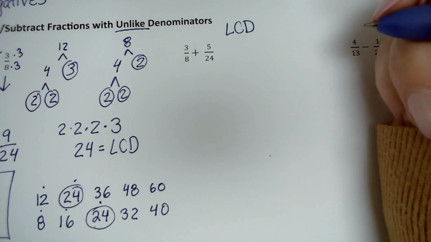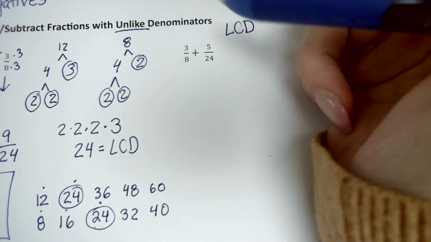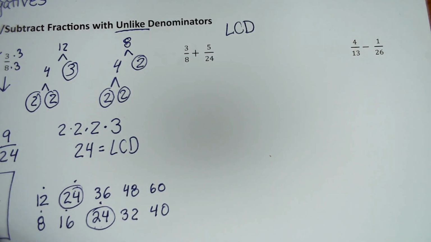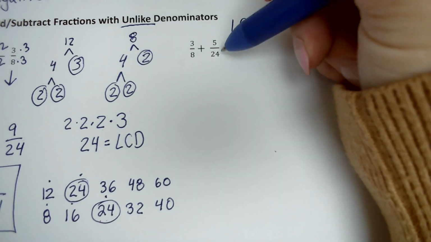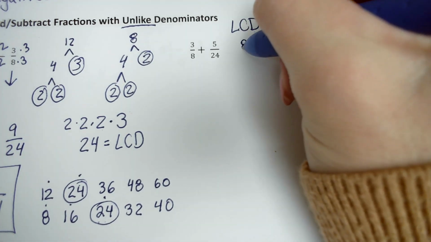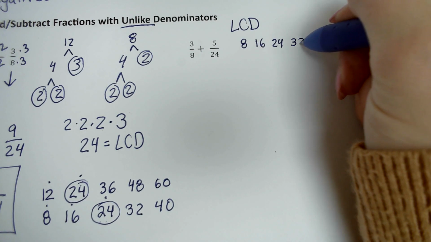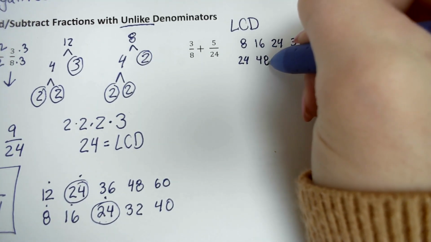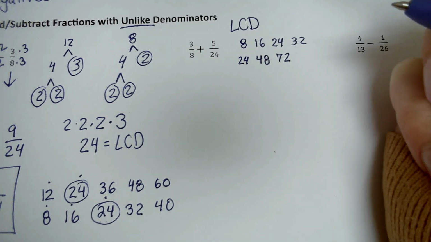3/8 plus 5/24. So again, we could do our LCD, but we just were working with 8s, and we saw that they have a multiple of 24. Now because we have 8, 16, 24, 32, and 24, 48, 72.